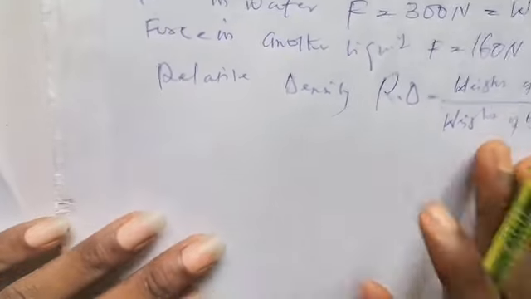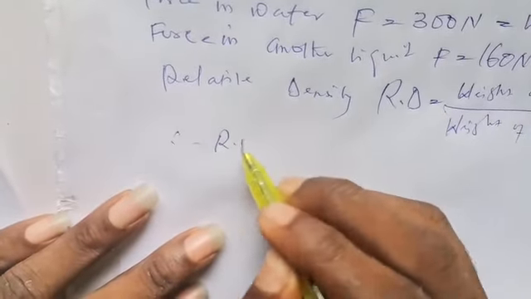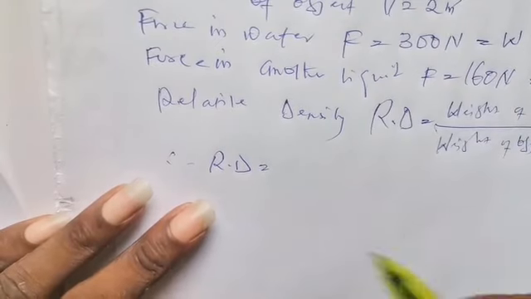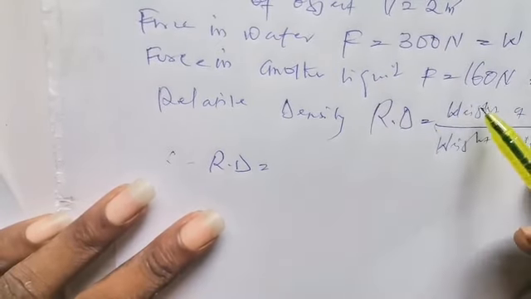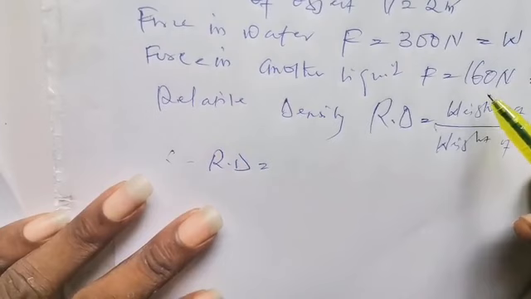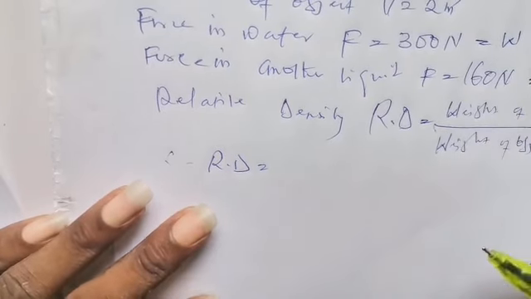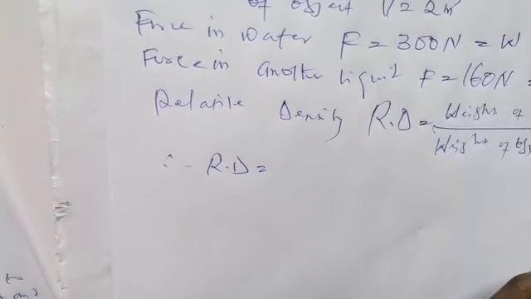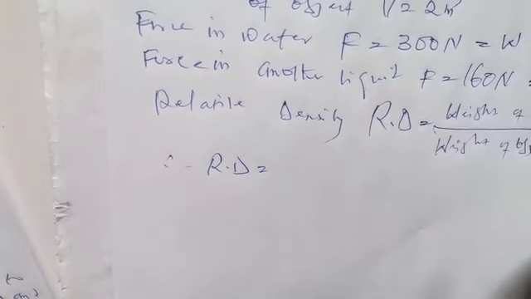All right, so the relative density from this question is the weight of object in liquid over the weight of object in water. Remember, the force of the object in another liquid was given to us as 160, and from Archimedes principle, the buoyant force is always equal to the weight of the fluid displaced when the object is completely immersed in a fluid.